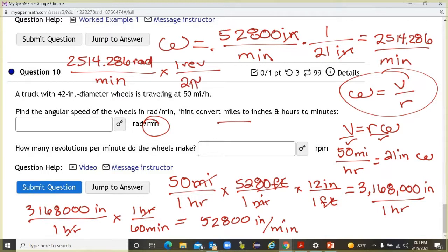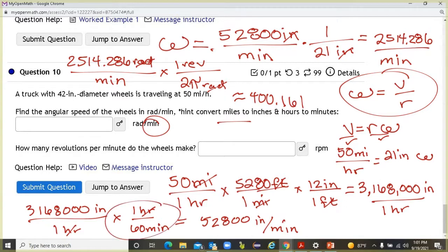There are 2 pi, right? It's a circle. So we're just going to divide our answer by 2 pi, and I'm doing this in my calculator. Now our radians cancel. We're in revolutions per minute, or RPMs, and this is about 400.161.